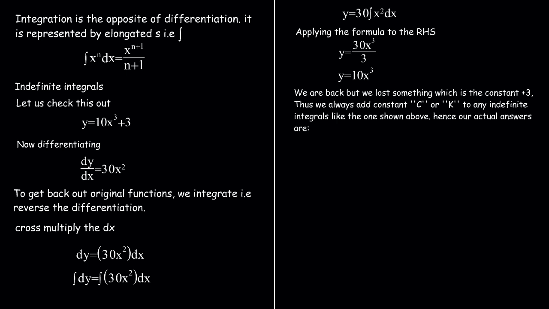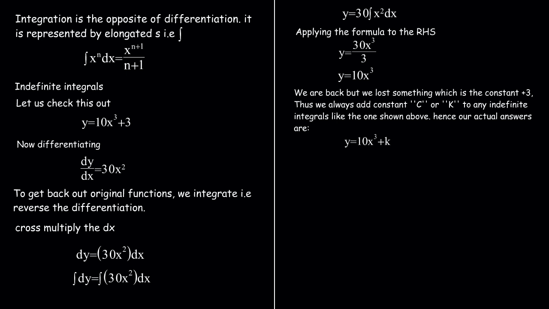Normally after integrating we add a symbol, most likely c or k. Adding our constant to our final answer, it becomes y equals 10s cubed plus k. With our previous knowledge, the k is representing our 3, but there is no way to find that out now. With definite integral we should be able to find 3, but we are limiting the scope of this study to indefinite integral.